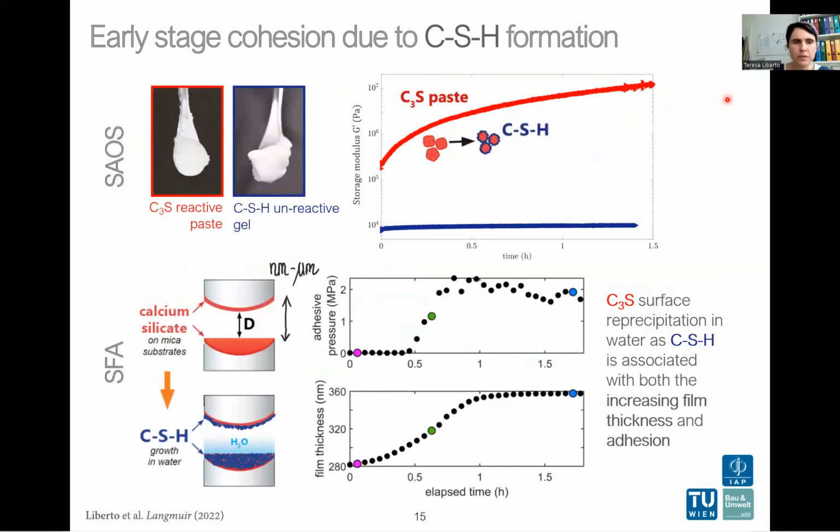But in order to be 100% sure that this is what we measure here, we do some SFA, or surface force apparatus, investigation. This instrument is pretty rare. To my knowledge, there is one in Oslo, one in Vienna, in which we also have an interferometric technique, which can give us the changing distance between confining walls.